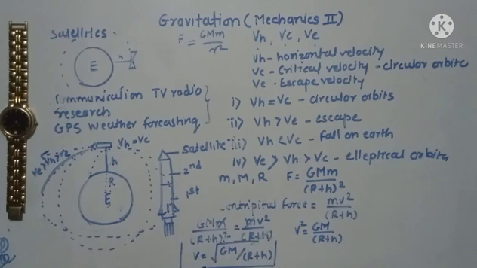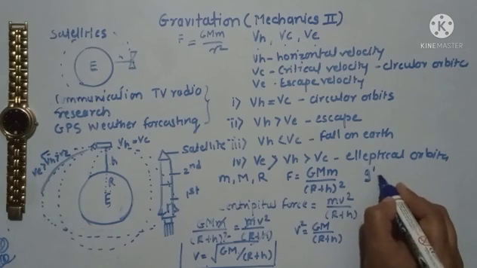So from this equation we can see that this horizontal velocity is independent of the mass of the satellite. It means that whether the satellite is 2 kg or 10 kg, or even if any object wants to rotate about the earth in a circular orbit, whatever horizontal velocity is required will be the same for all objects at a particular height. Of course, if this h changes, this v will change. But it is independent of the mass of the object.